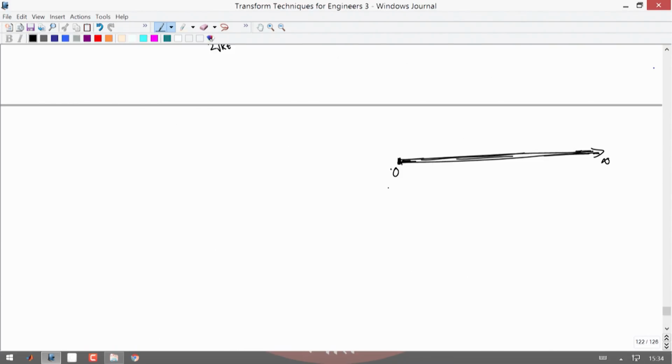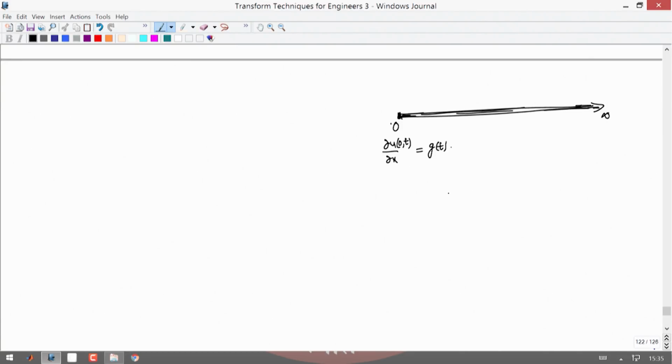So at 0, that means dou u by dou x at x equal to 0 and t for all times, you give it as some function of t. Instead of u, the temperature, what you give is dou u by dou x, the rate of heat flow.